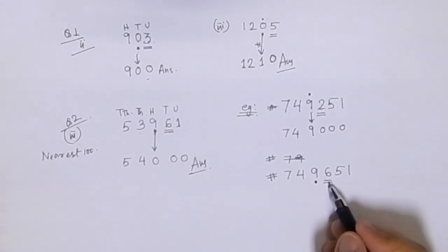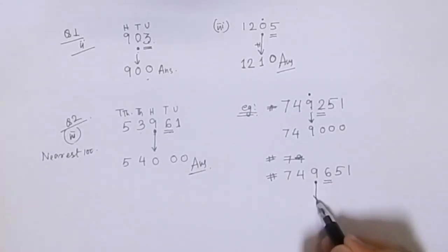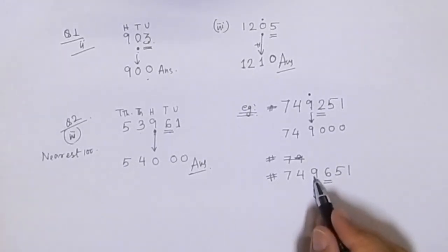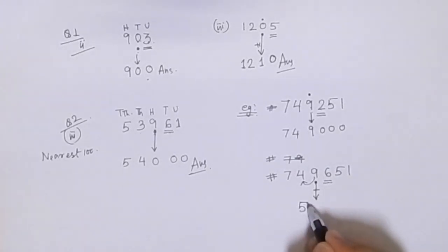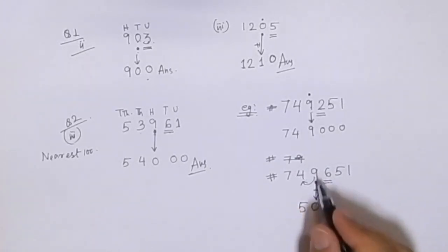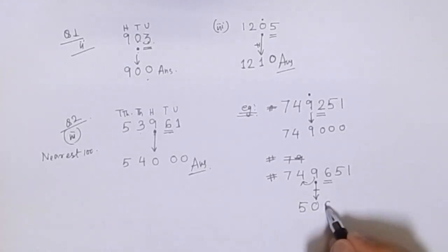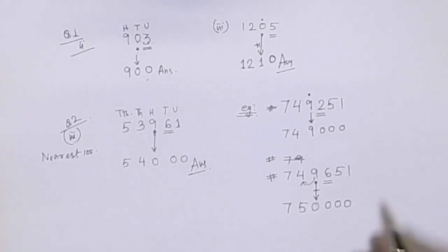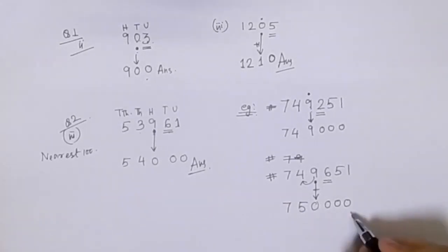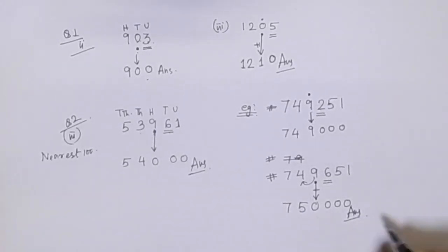So when it is more than 5, what will happen? This must increase by 1. So when it is plus 1, this becomes 10. So in that case this one also increases by 1: 49 plus 1 is 50. The right hand side digits become 0, and the left hand side digits remain unchanged.